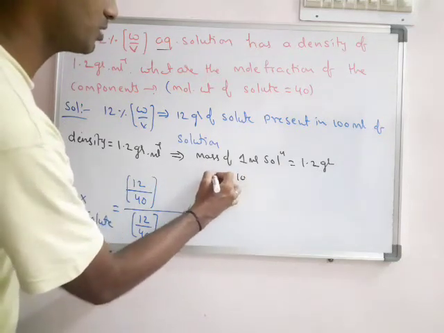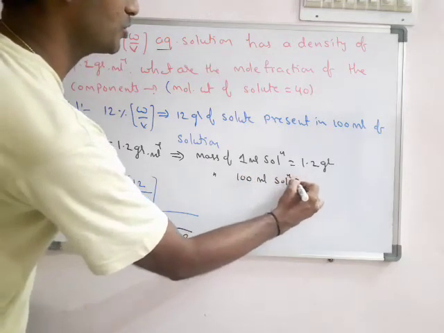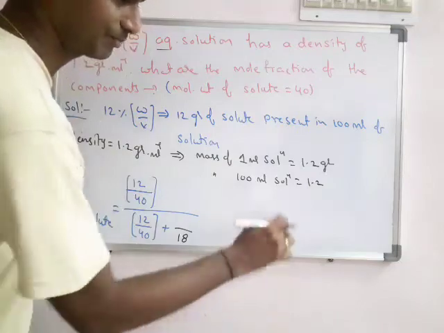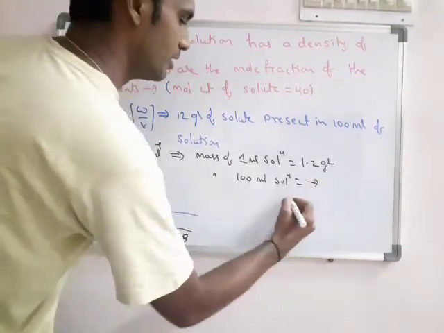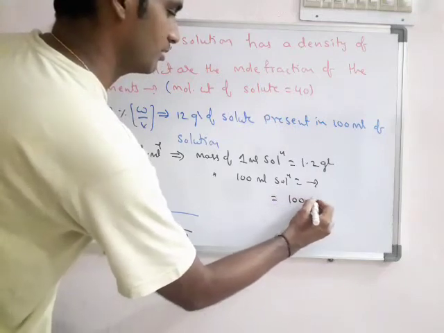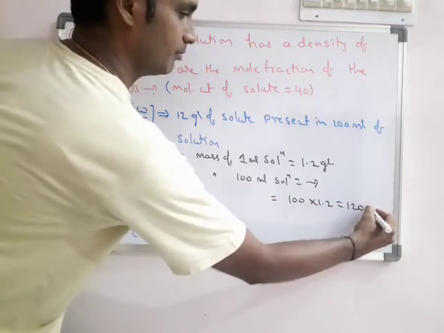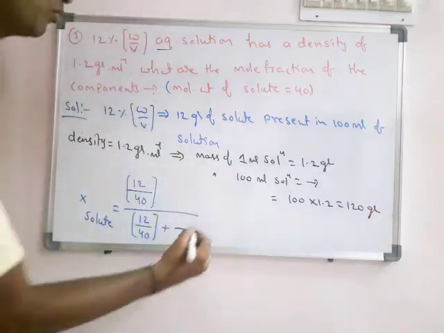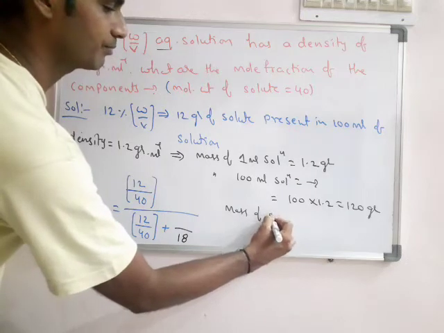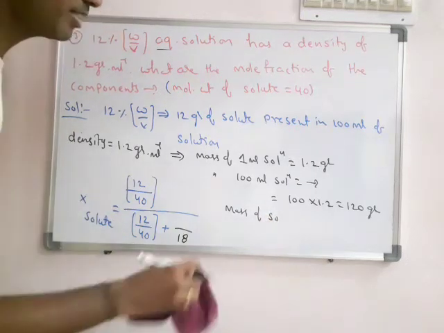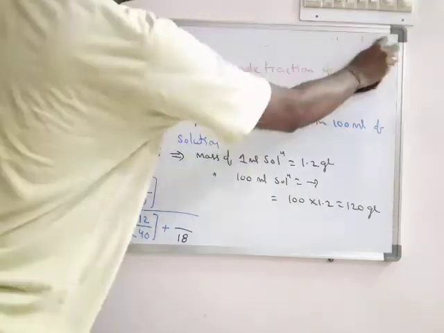Then what about the mass of 100 milliliter of solution? Here we get 120 grams. Then what is the mass of salt, and therefore the mass of solvent? I think we did this problem yesterday, so it is an important one.